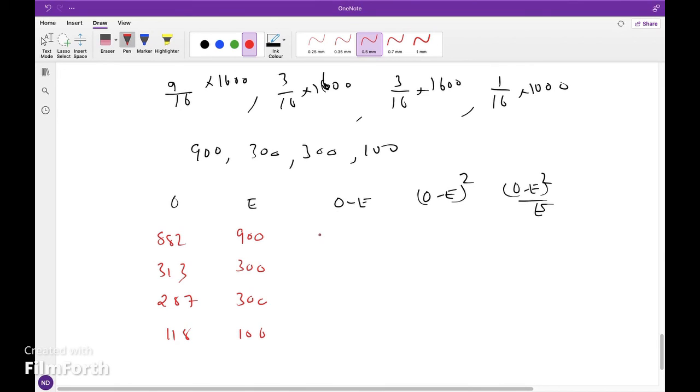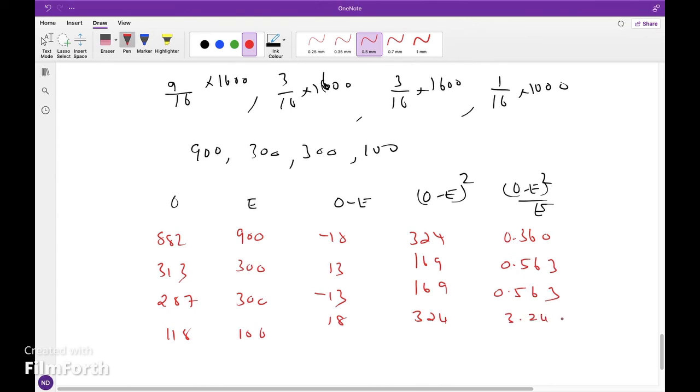O minus E: minus 18, 13, minus 13 and 18. The whole squared: 324, 169, 169, 324. Using a calculator: 0.36, 0.563, 0.563, 3.240. So the total is 4.726. The total frequency is 1600.